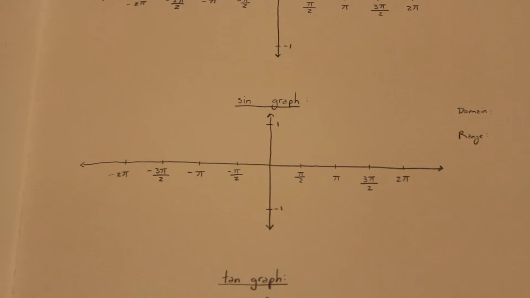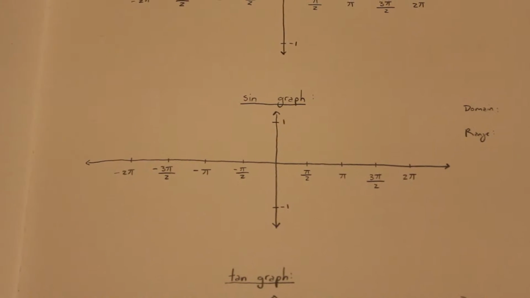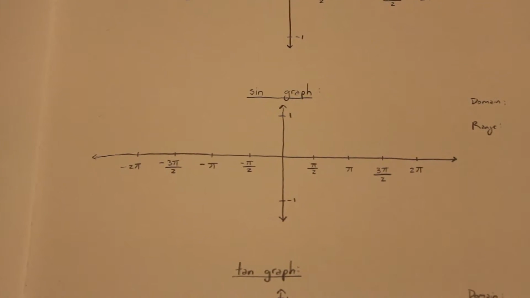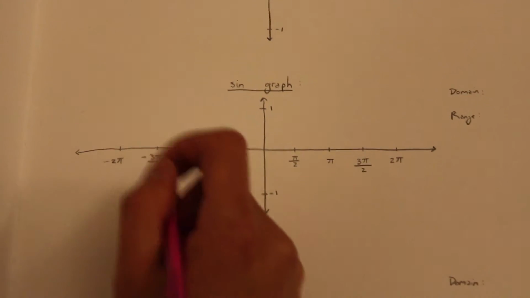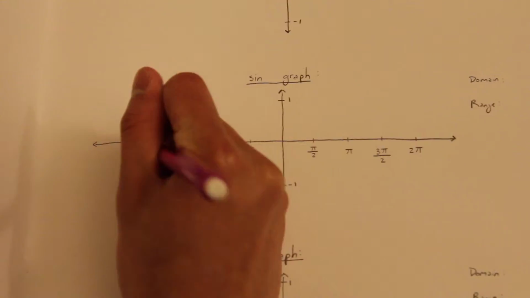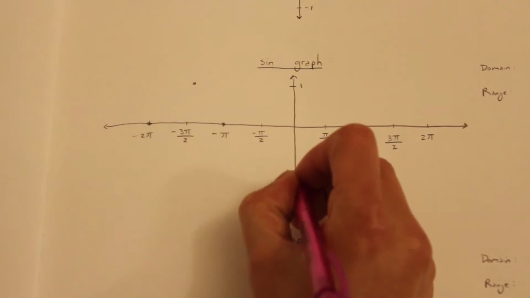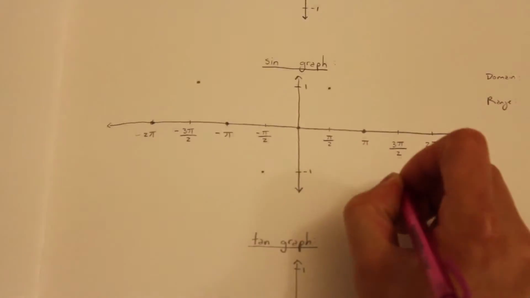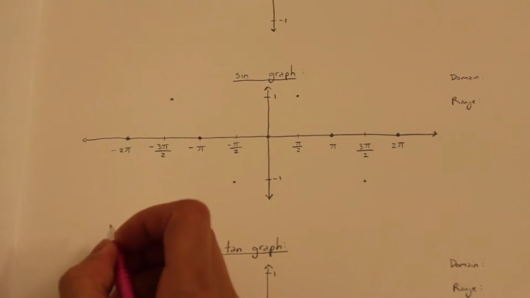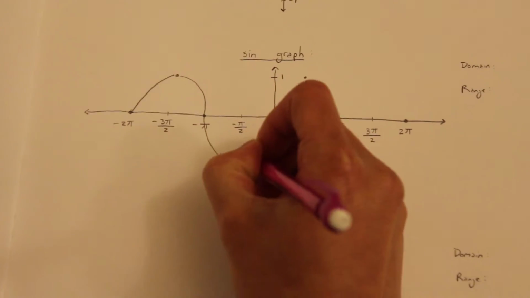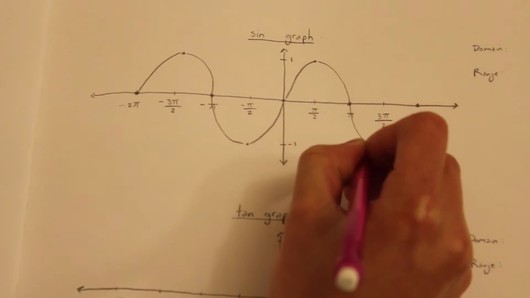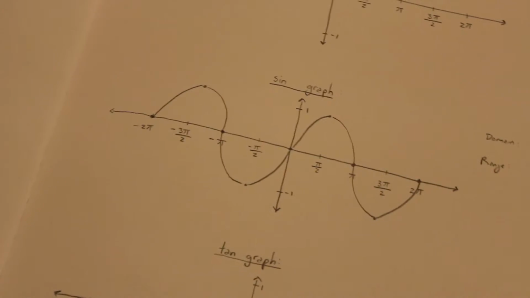Hey, Mr. He, can we draw that sine graph? Okay, so using the points on the unit circle, we can plot the points on the sine graph. And then we can fill in the curve. That's so cool.